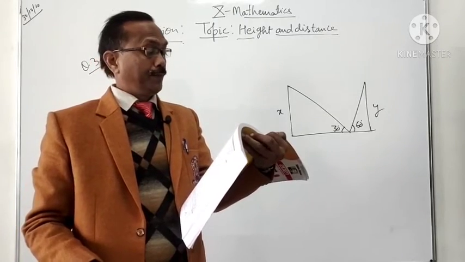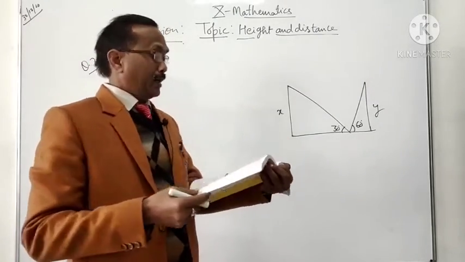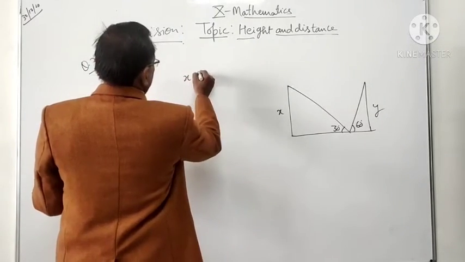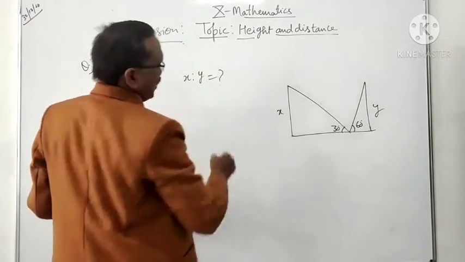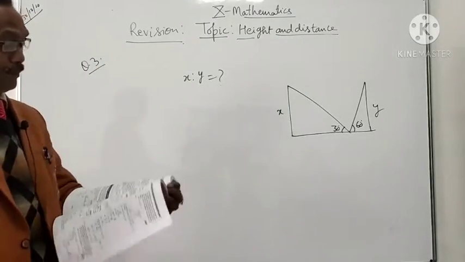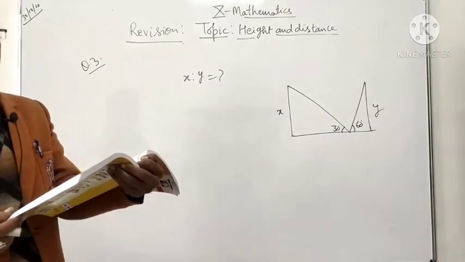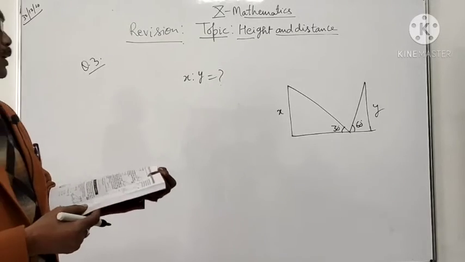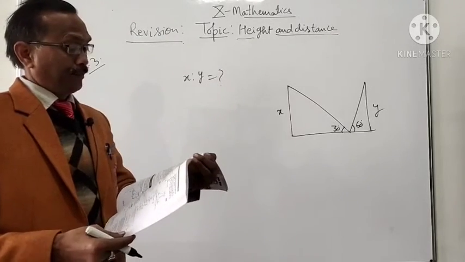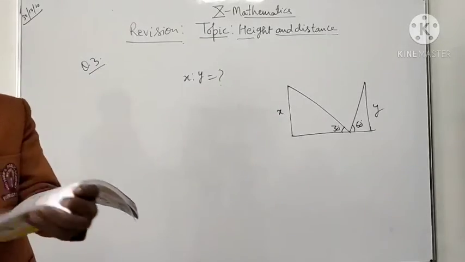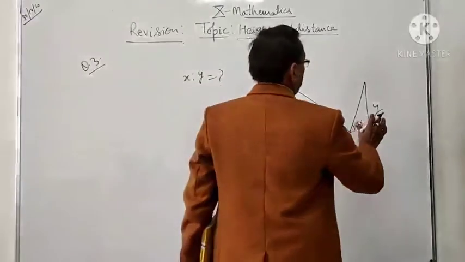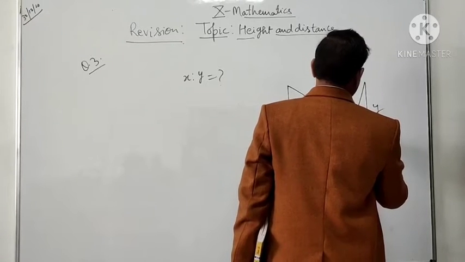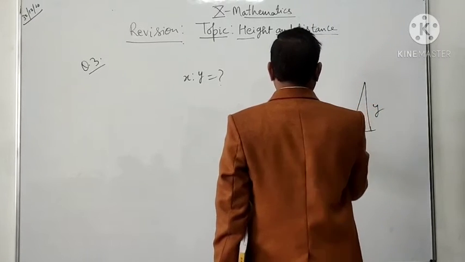Find x is to y. This we have to find. So that is at the center. Student, this point is the center. It is the midpoint. It is AB.